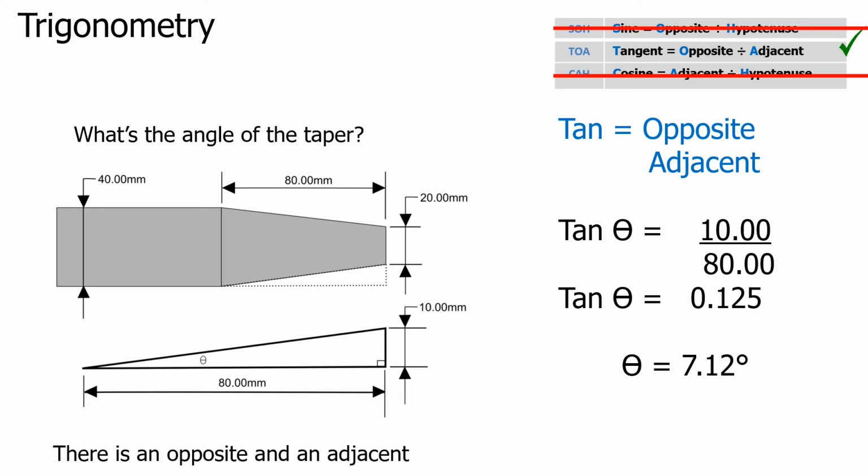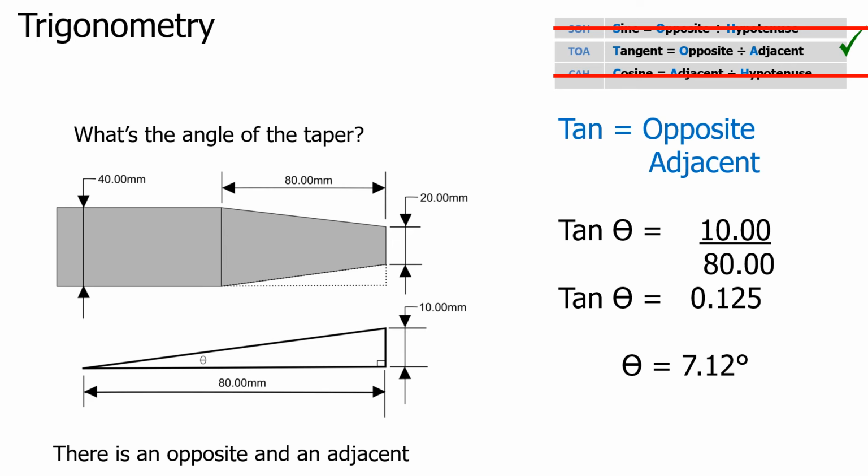What if I need to know the angle of the taper? What if I'm using a taper turning attachment and not turning between centers? Now I'm going to need an angle. Well, we've got a length and an offset distance. We've created a triangle. So now we have an opposite and adjacent side to the angle theta.